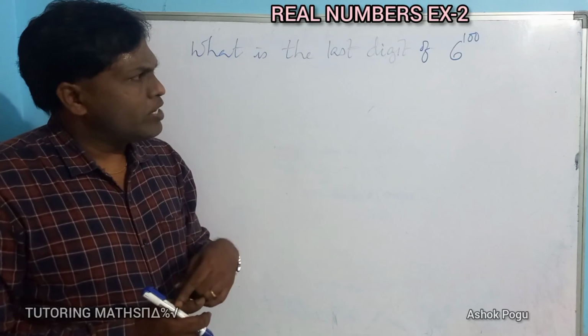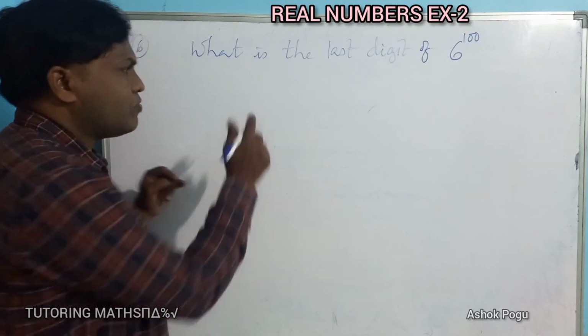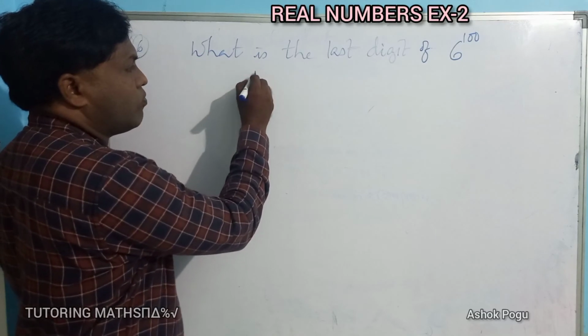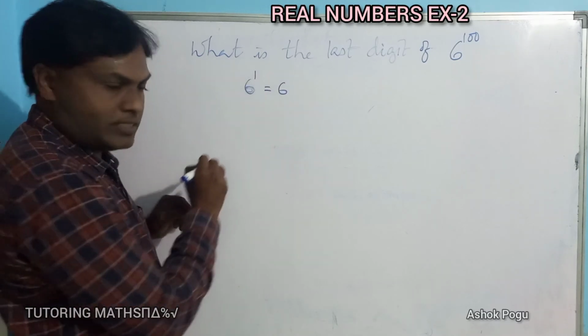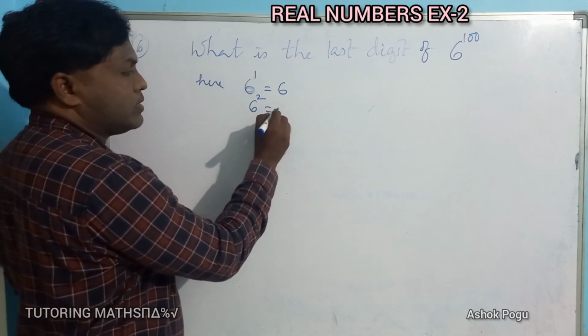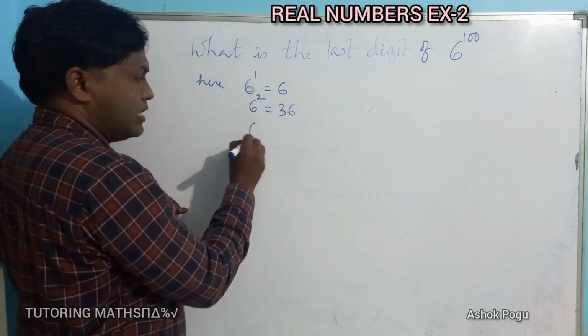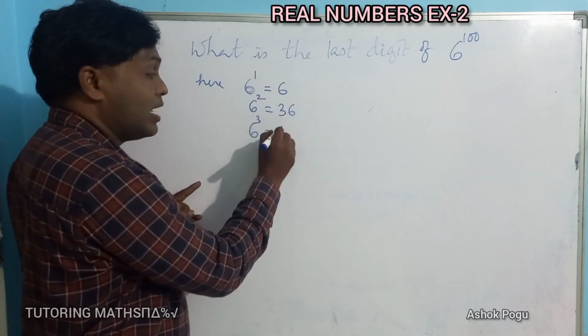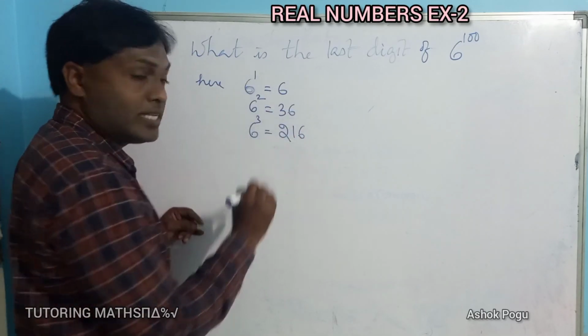So before going to find 6 to the power of 100, first of all, 6 power 1. What is 6 to the power of 1? That is 6. 6 square, 6 sixes are 36. 6 cube, that is 36 times 6, you get 216.